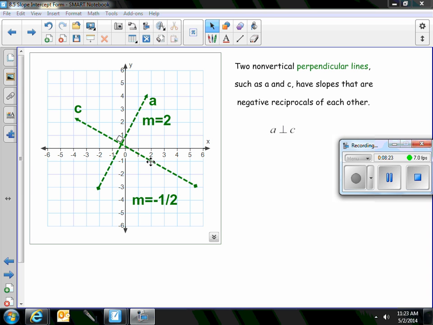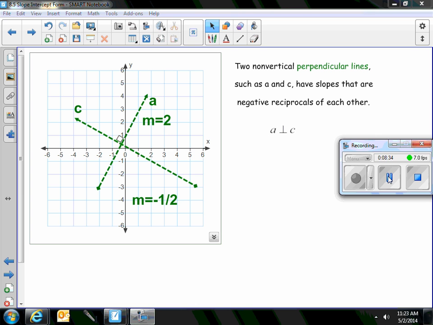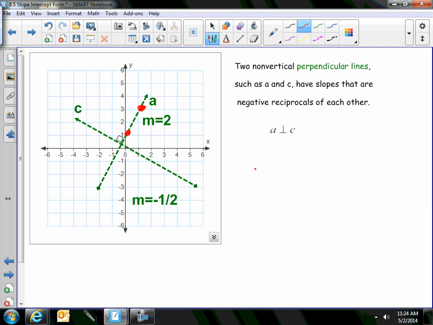So let's look at our slope of A. Let's pick an easy point. I plotted an easy point to determine what my slope was. From this point I rose 2, ran 1, and got to that point. Notice that it is a positive slope, hence positive 2.